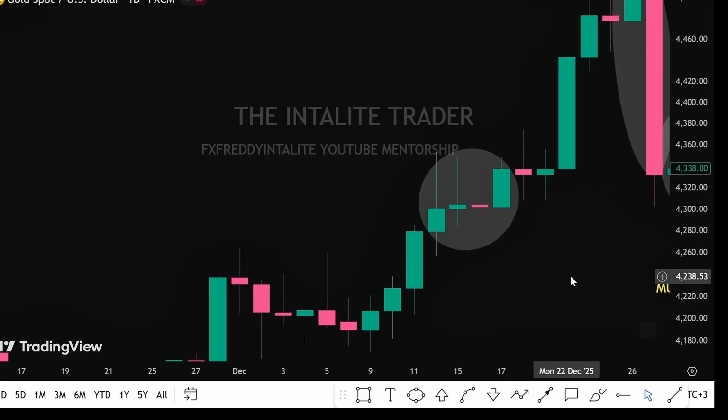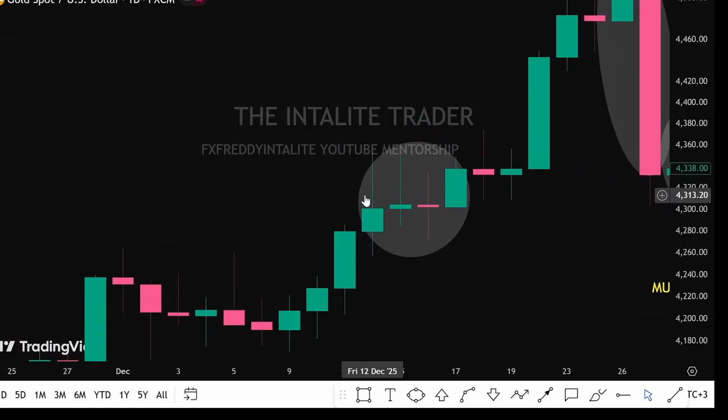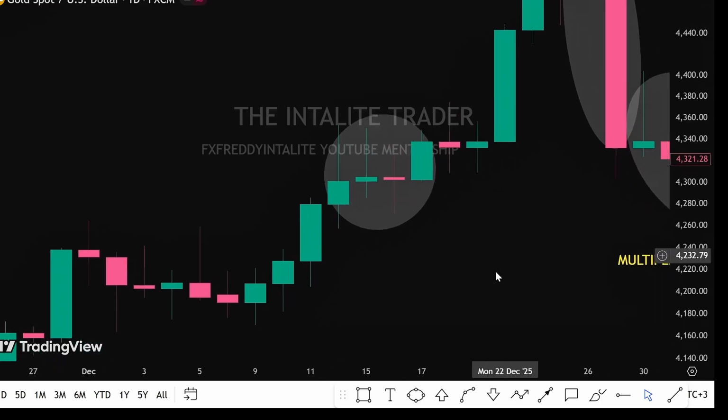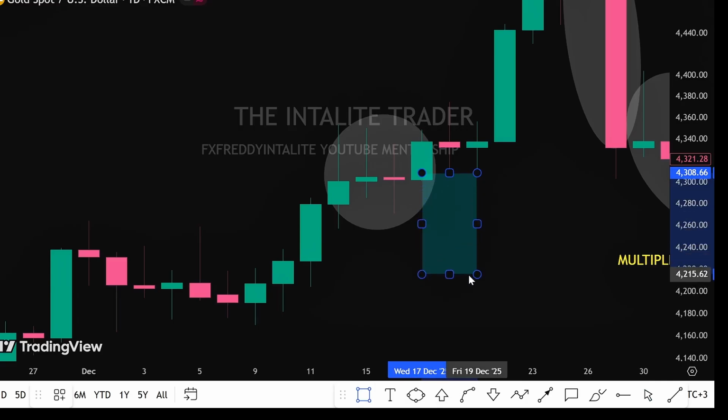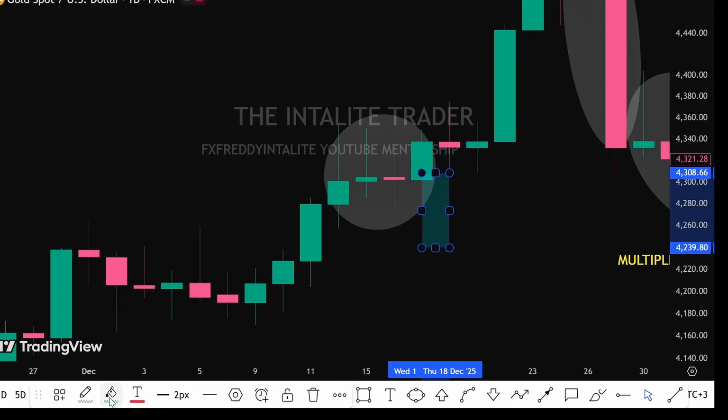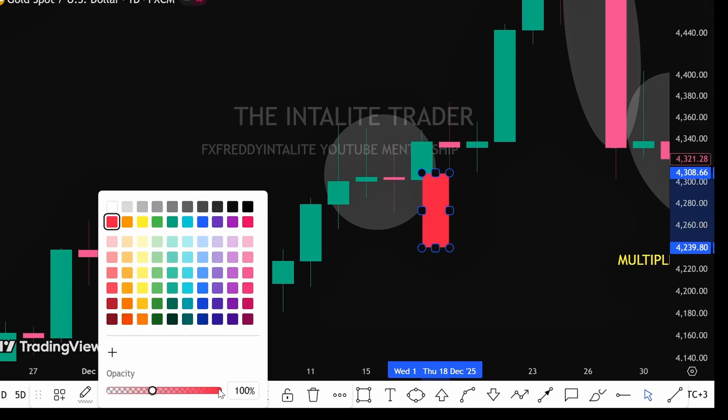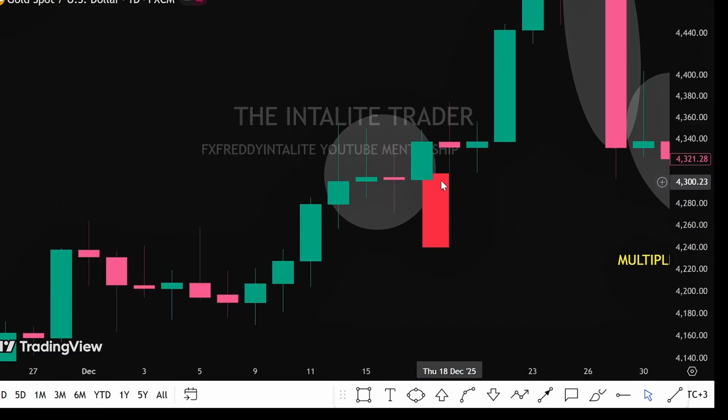Because here we can see we had shrinking candles, multiple long wick candles, a candle color change. This shows momentum loss, but you didn't get any price action signal, like a momentum candle, that the price is indeed going down. So we want to see a candle confirmation. We said a momentum candle confirms a trend reversal.